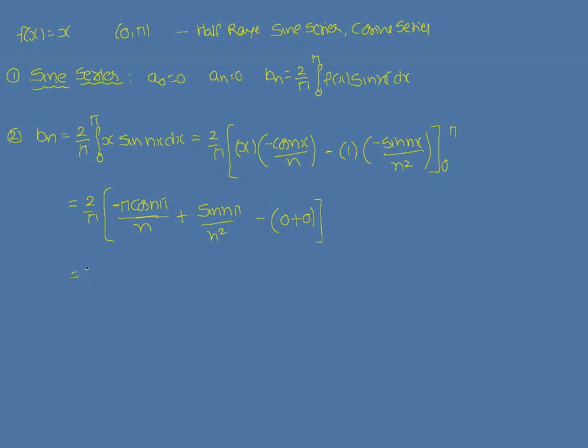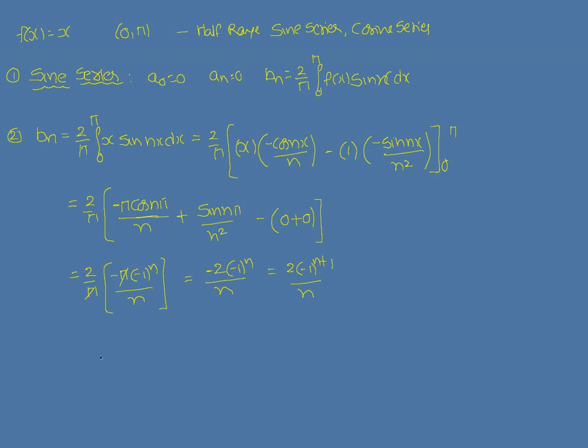So that is 2 by pi into minus pi into cos n pi, which is minus 1 whole power n, by n, plus sin n pi, which is 0. You are left with this term only. The pi gets cancelled, so you are left with 2 into minus 1 whole power n plus 1 by n.